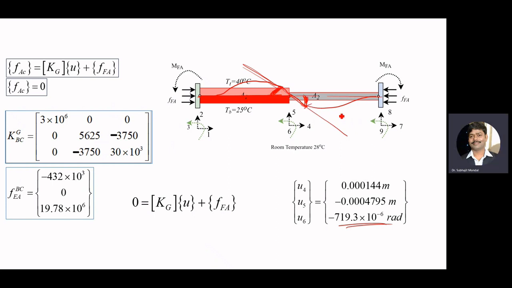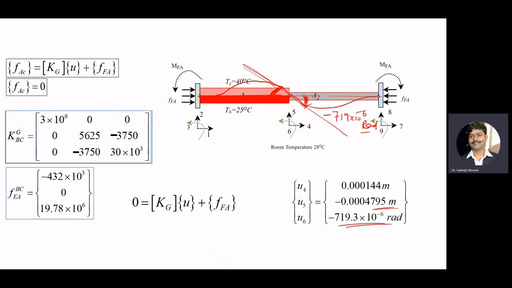And that rotational value is minus 719.3 times 10 to the power minus 6 radian. And U5 is negative. That means this point will try to go upside like this. So if you have non-uniform temperature, then the beam is going to bend like this.